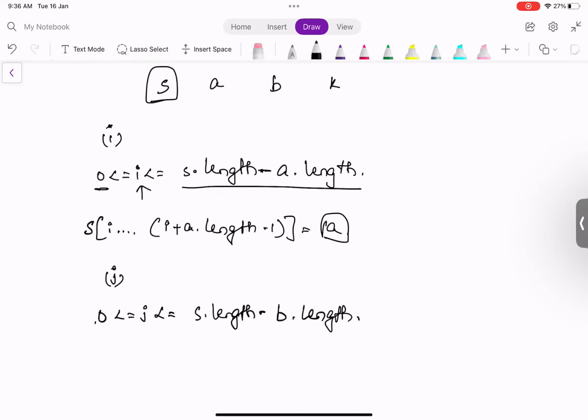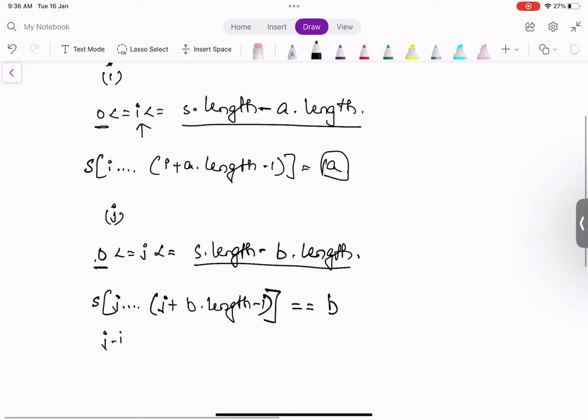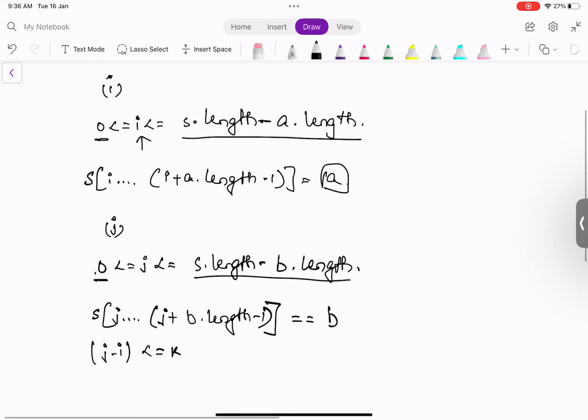It means j is an index in the interval 0 to S.length minus B.length. And the substring formed from index j up till j plus B.length minus 1 should be exactly equal to string B, and if the absolute difference of j minus i is less than or equal to k, then we can say that i is a beautiful index. Like this, we want to find all the beautiful indices and print them in sorted order. That is the question.